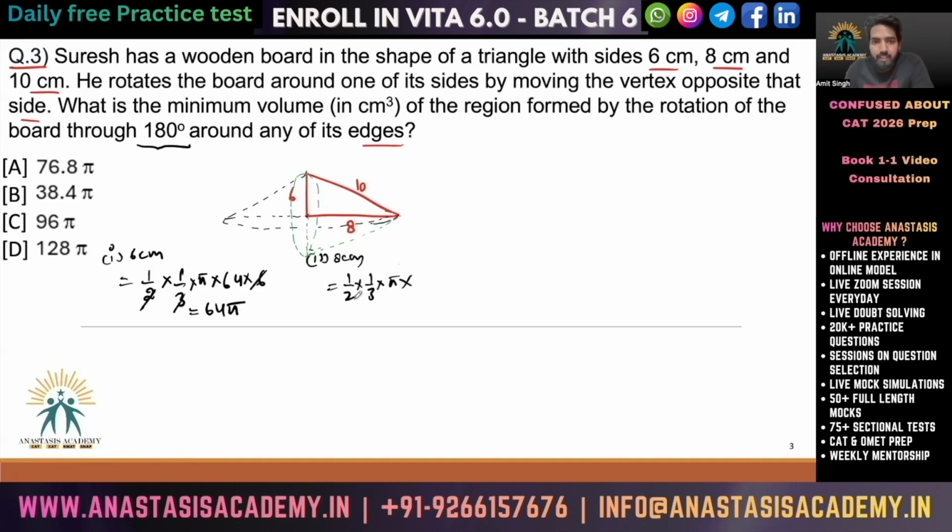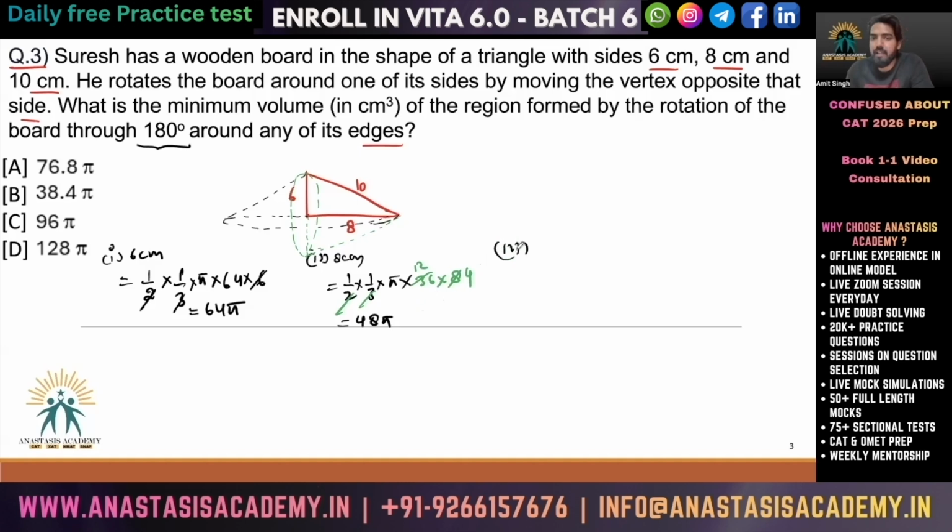So it would be 1 by 2, 1 by 3 pi r square. r square would be 36 into h. h is 8. So this is 12 and this is 4. Yes, radius square is 36 and height is 8. So 12 into 4 is 48. So this becomes 48 pi. This volume is 48 pi.